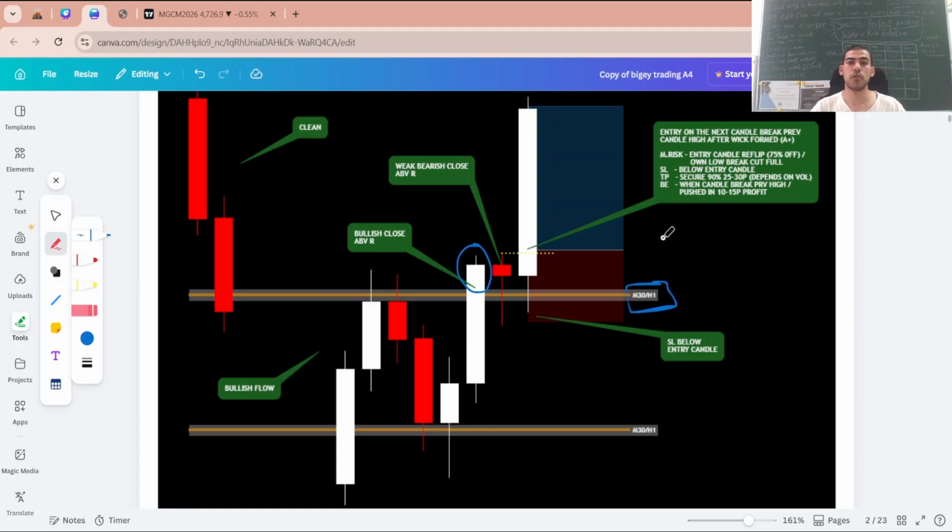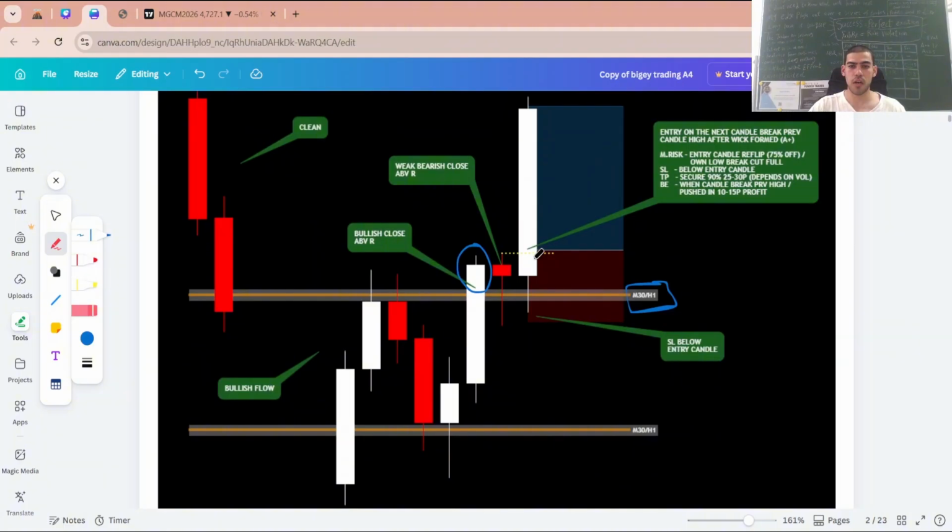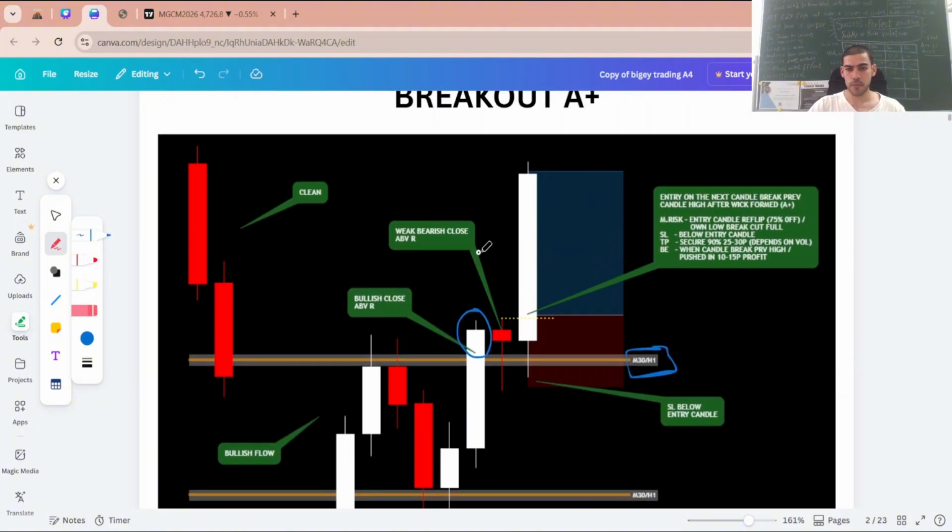It could also be on the 15, but the higher the time frame, the higher the confirmation. It's much better to place these lines on the 30-minute, 1-hour, or even 4-hour time frames. This is called the breakout A plus setup, which is the most perfect setup you can see. It's actually one of our high win rate setups.